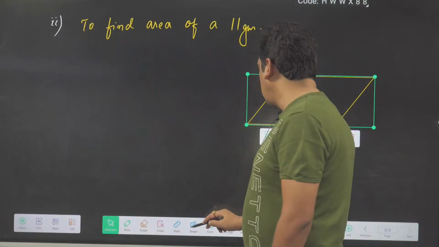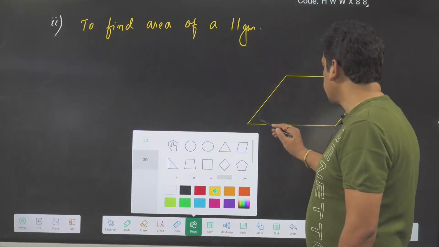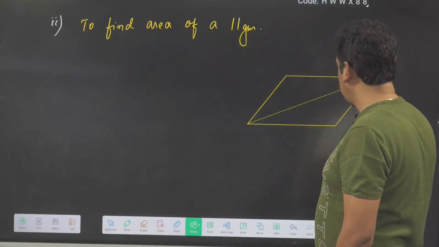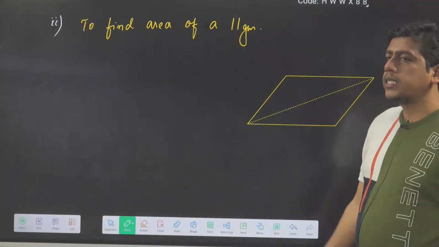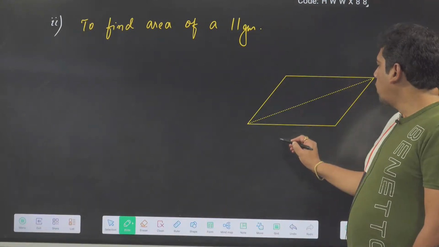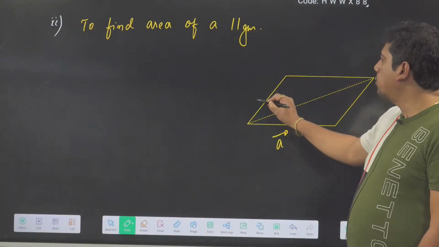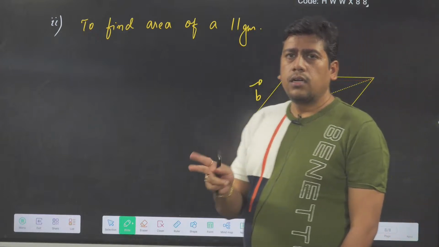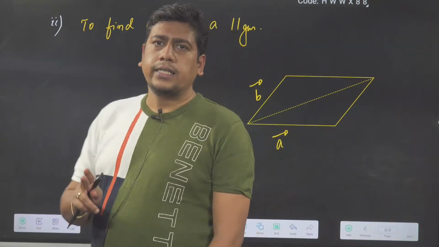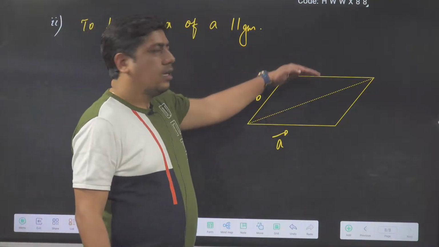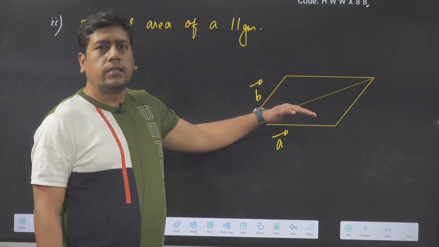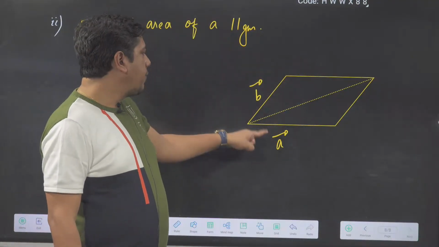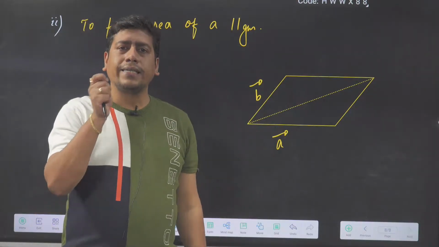In a parallelogram, if you focus here, there are two congruent triangles. So this A vector and this B vector are given. A vector and B vector should be adjacent sides, because if they are parallel, the cross product will be 0, right? So A vector and B vector should be adjacent sides.